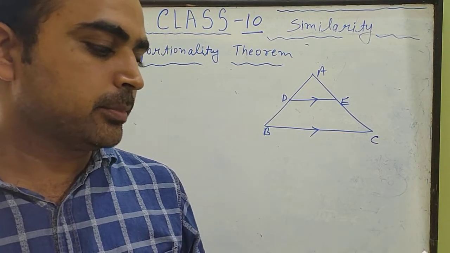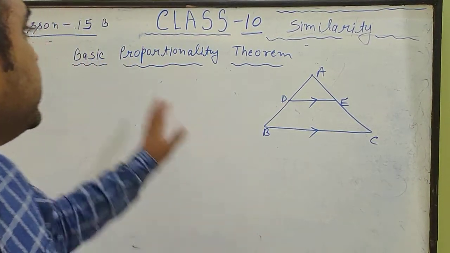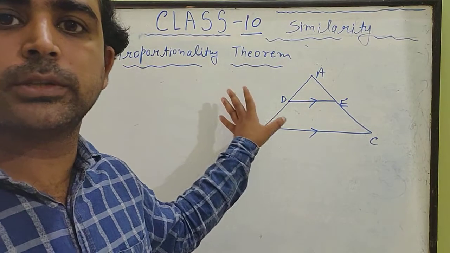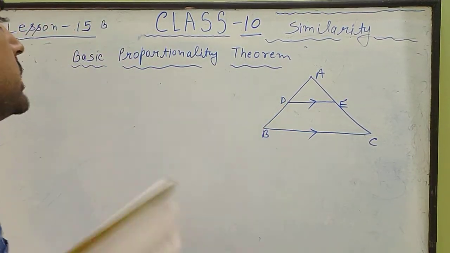In exercise number 15b, the theorem we use is the Basic Proportionality Theorem, or BPT in short.